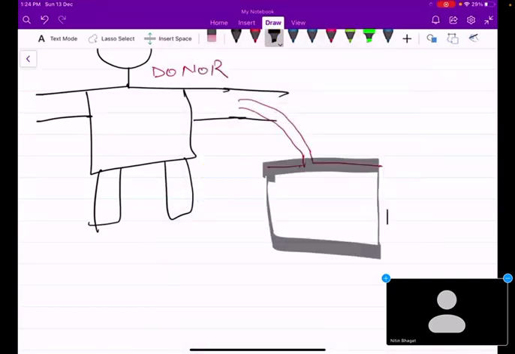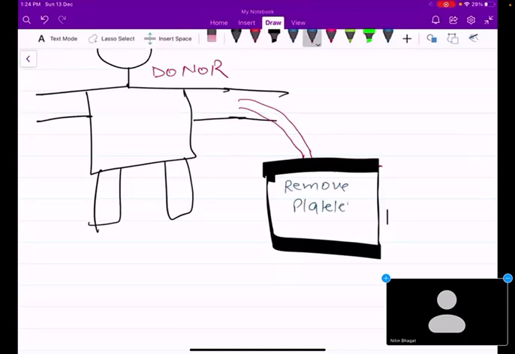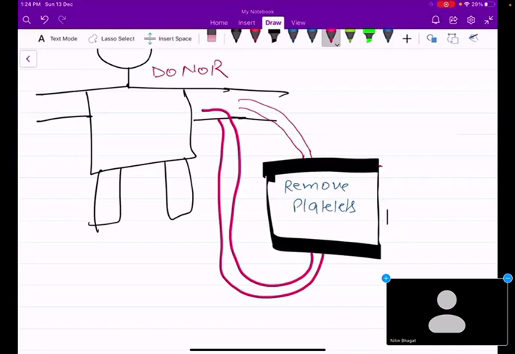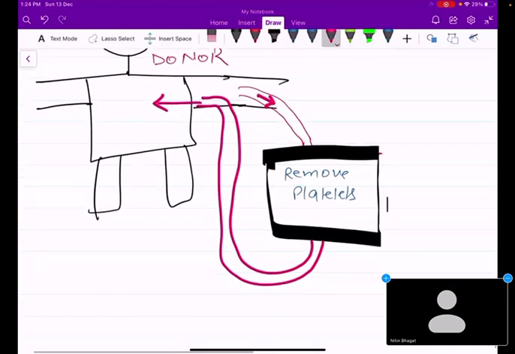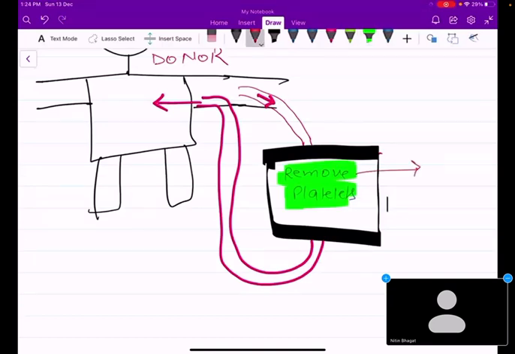Fine. So what will this machine do? This machine will remove platelets. And then it will send the blood back to the patient. So the platelets which are removed can be collected.